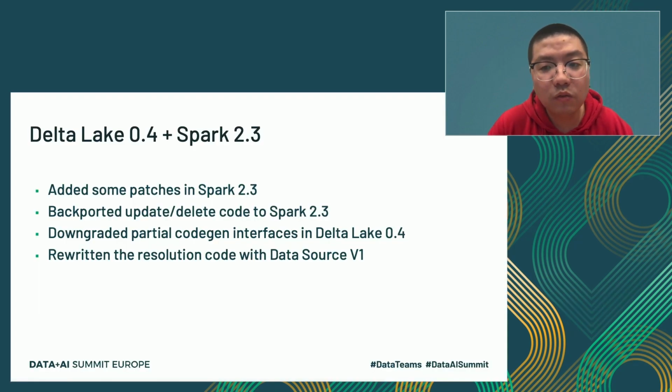So the major work in stage 1 to support Spark 2.3: we added some patches from Spark 3, and we backported the update and delete code with data source v1 to 2.3. Also, we downgraded the partial codegen interface in Delta Lake 0.4. Also, we rewrote the resolution code with data source v1.